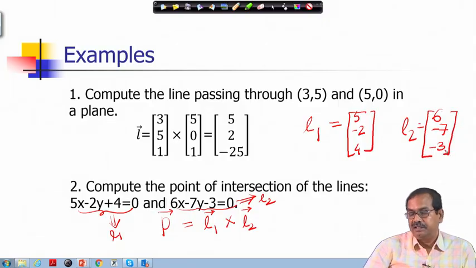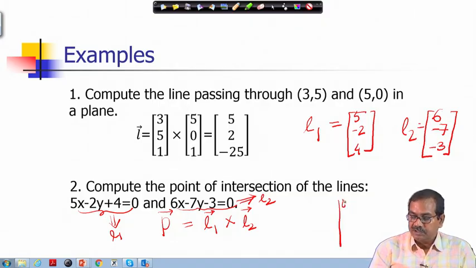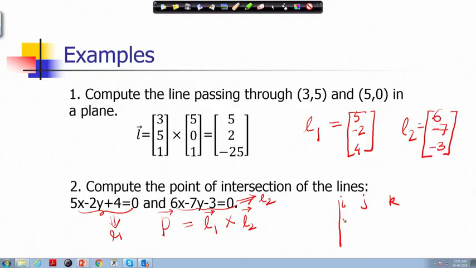So, we need to take the cross product of these 2 vectors. Once again, I will consider the same determinant i, j, k, then 5, minus 2, 4, and 6, minus 7, minus 3.